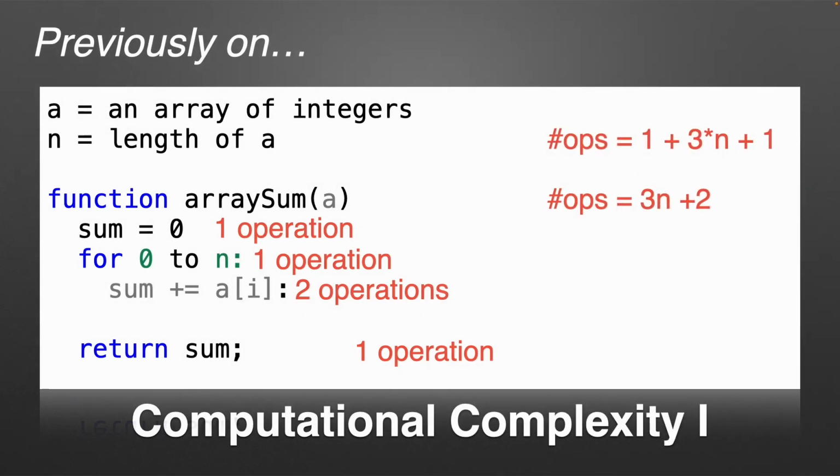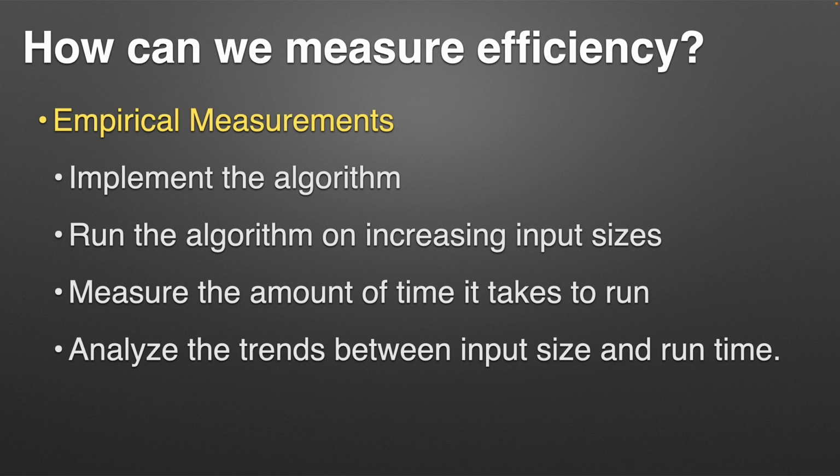So, last time we were talking about computational complexity, and we started thinking about it at a conceptual level. If you remember, we had a few different ideas about how we could measure how efficient an algorithm is, how complex it is, and we primarily were talking about runtime, like how long does it take to run.